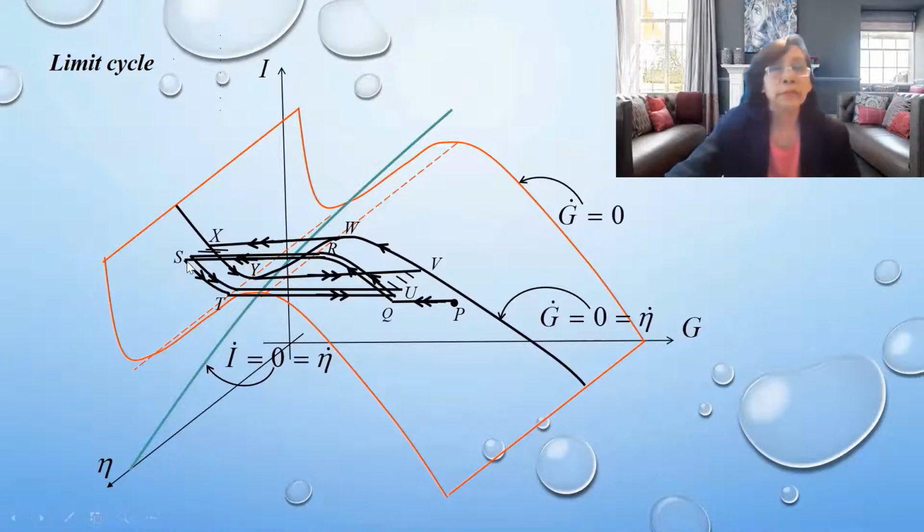Here, the derivative of I is negative. So a transition of intermediate speed will be made downward until the point T is reached, at which the stability is again lost, and a transition of fast speed will be made towards this point on the other stable portion of the fast manifold. And then the transition of intermediate speed will be made again upward.